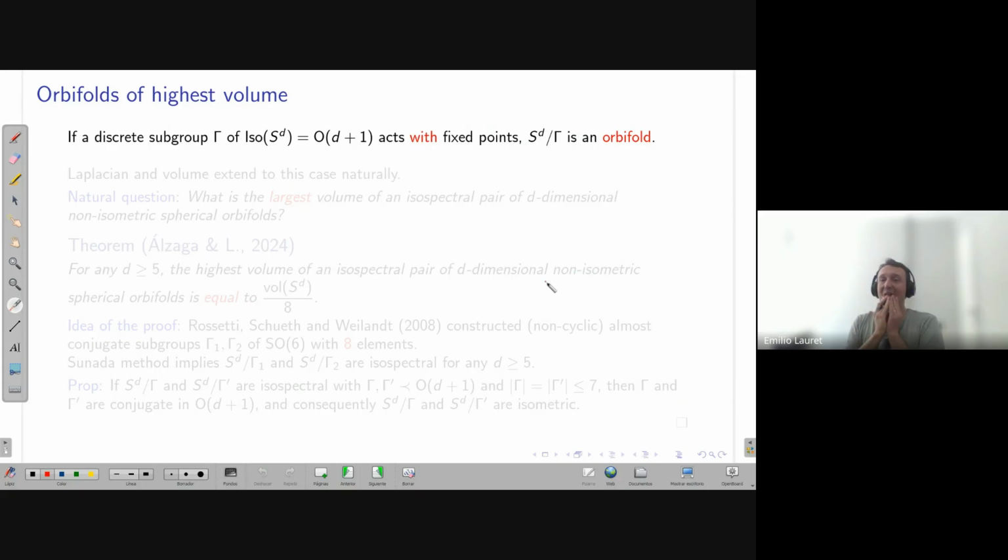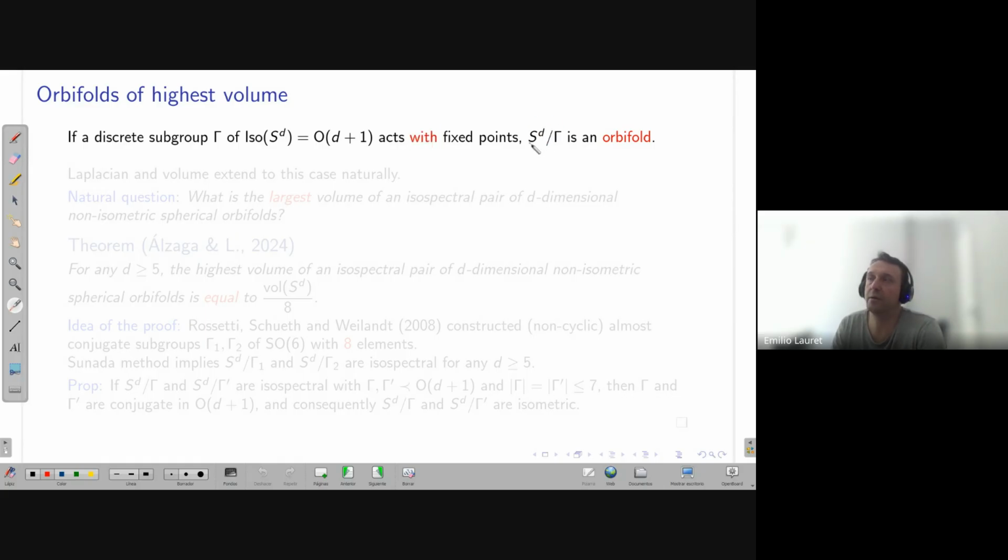Let me change the setting a little bit. Remember, a space form always looks this way, and we assume that gamma acts without fixed points. But now let's relax this condition. Gamma is now a discrete, finite subgroup of the isometry group that may have fixed points, not necessarily with fixed points.